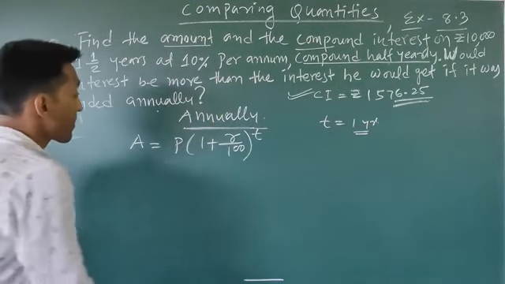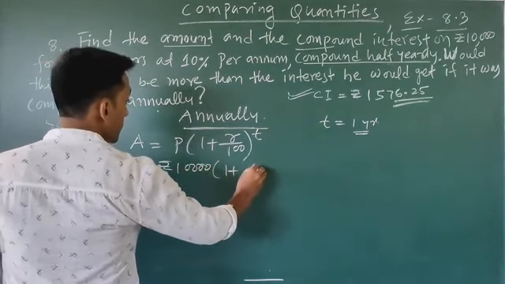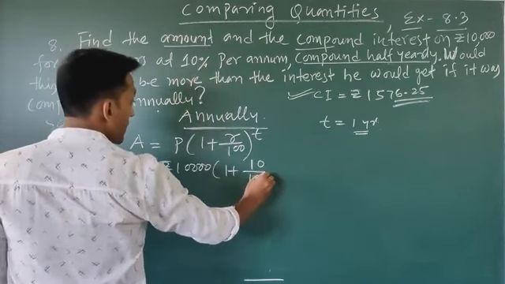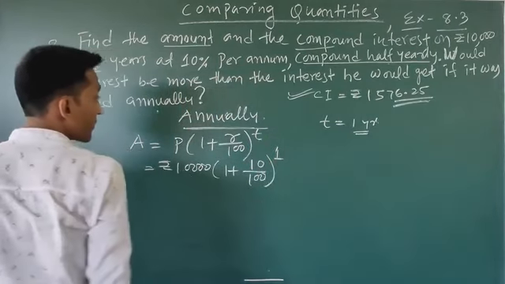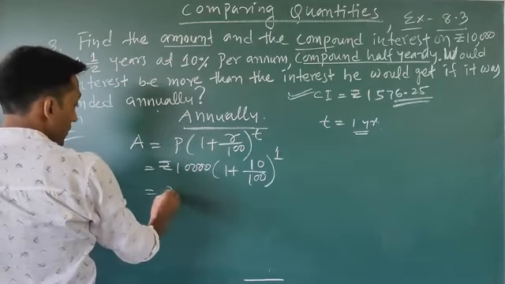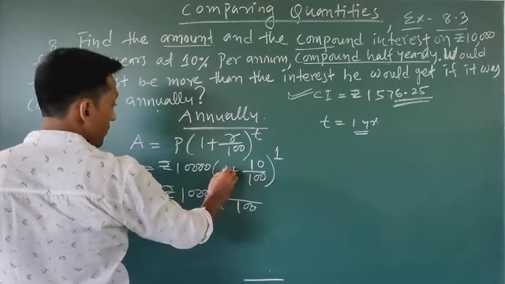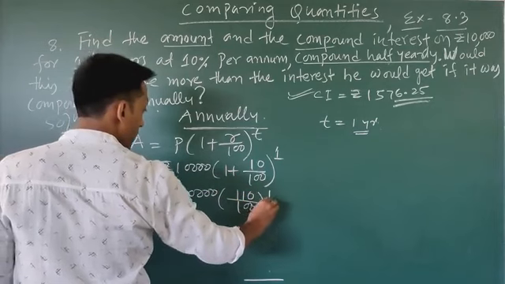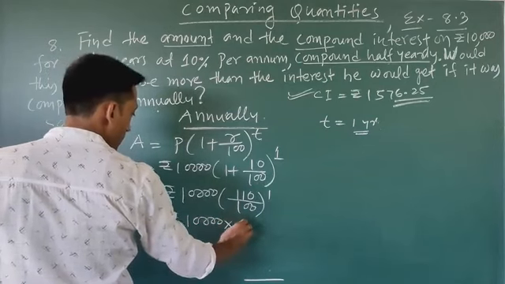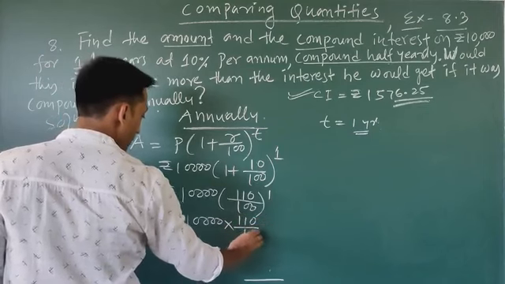Rate of interest is 10, principal is 10,000, time is 1. When annually, per annum, rate of interest is 10. So 10,000 into 110 by 100 to the power 1, which is 110 by 100.